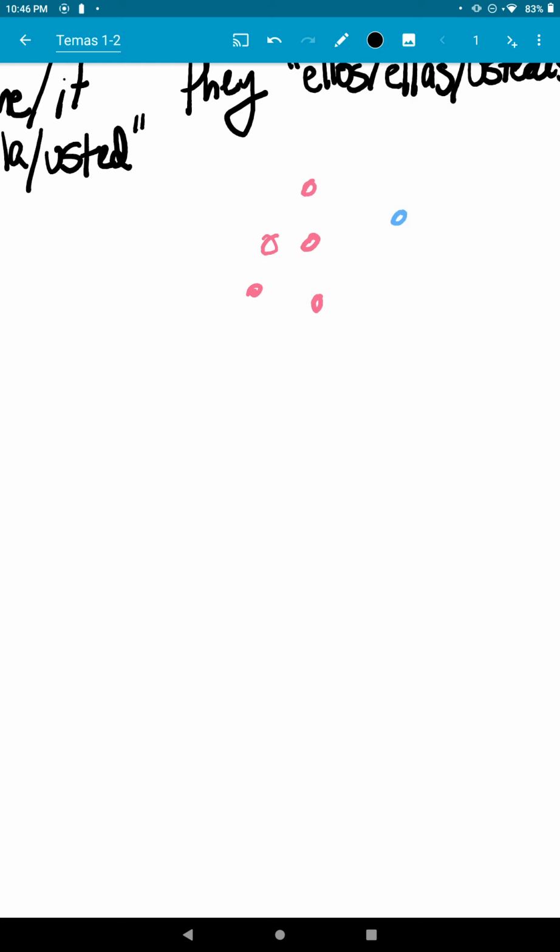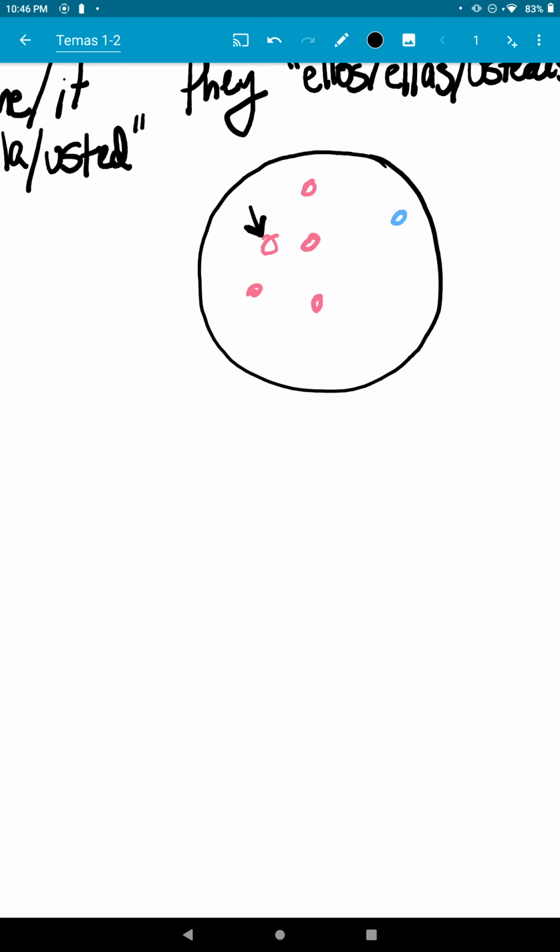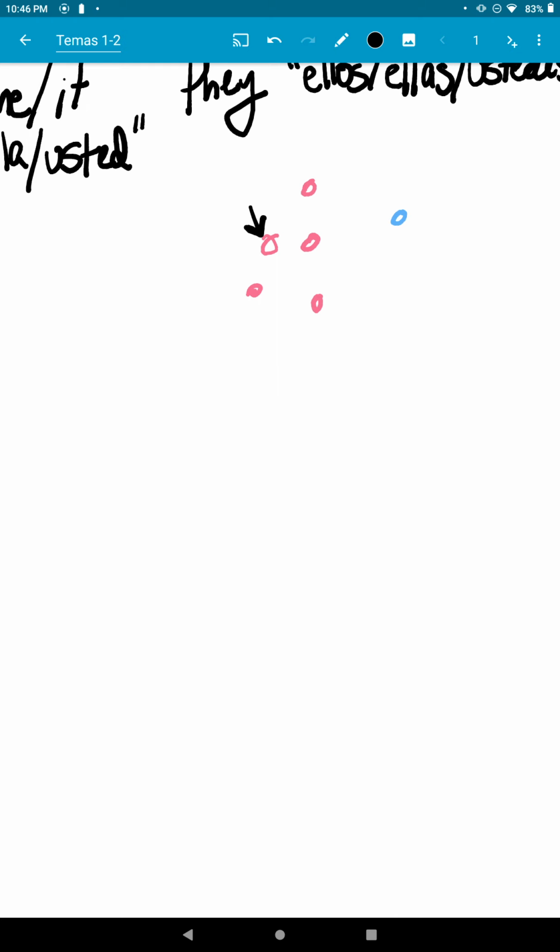Now, if we're just talking about this group and they're referring to themselves, let's say this is the person who's speaking, she would say nosotras, right? But if even one man enters the group, it becomes nosotros, right? So if it's these three women, it would be nosotras. But if it's these people, it would be nosotros.